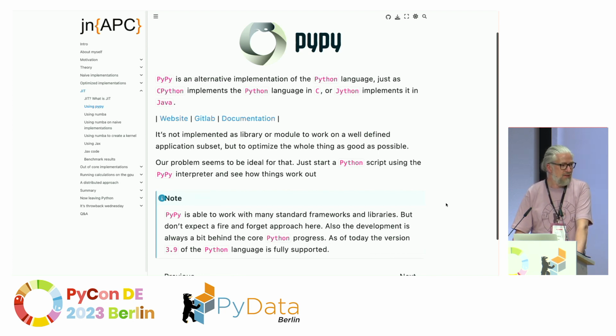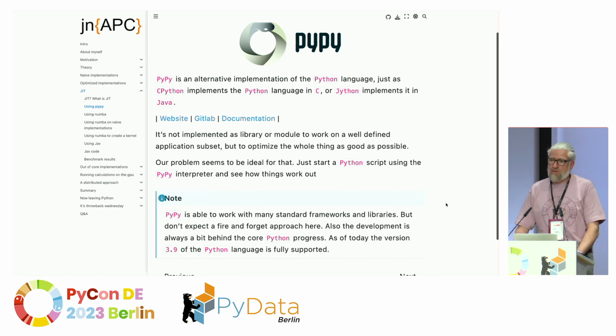Like CPython is the implementation that we use for Python in C, or Jython is a variant where everything has been done in Java. PyPy is a variant implementing the Python language, and using a JIT approach.